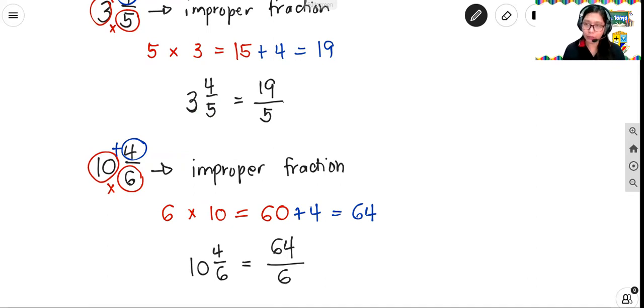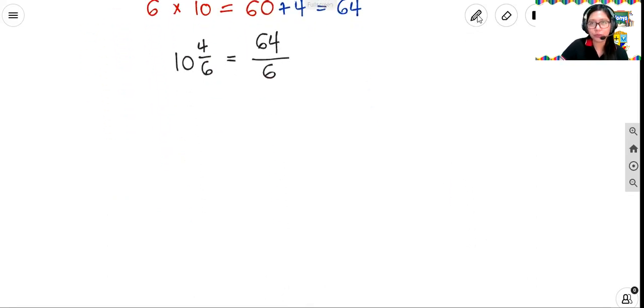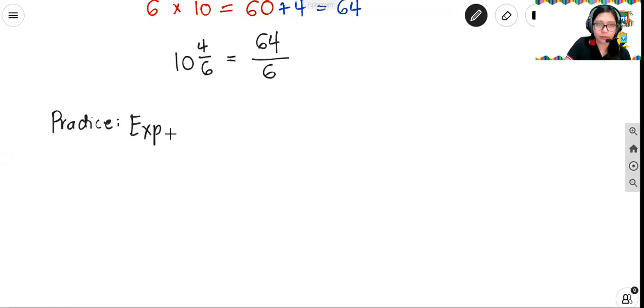I hope you were able to get that technique on how to express mixed numbers into improper fractions. It's now your time to practice. So let us practice. Express to improper fraction.